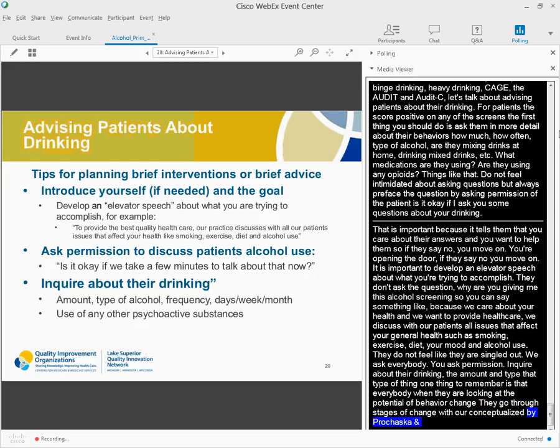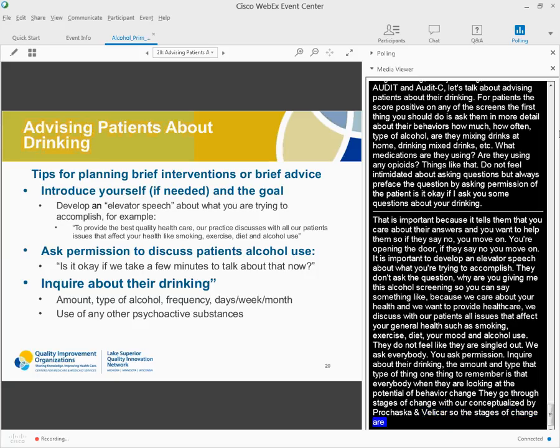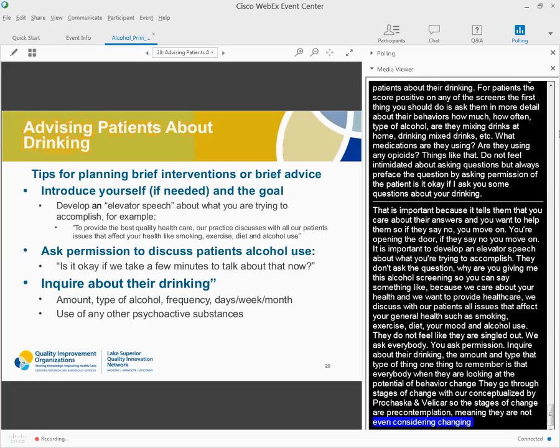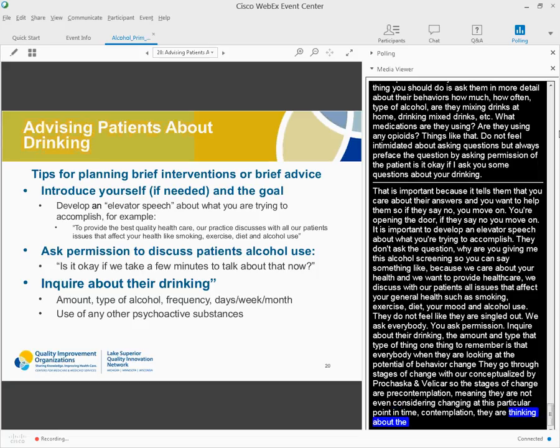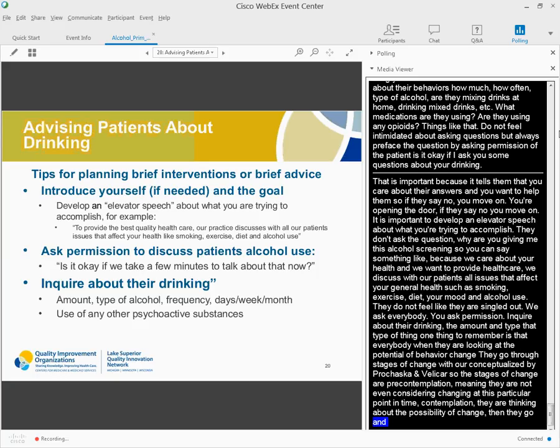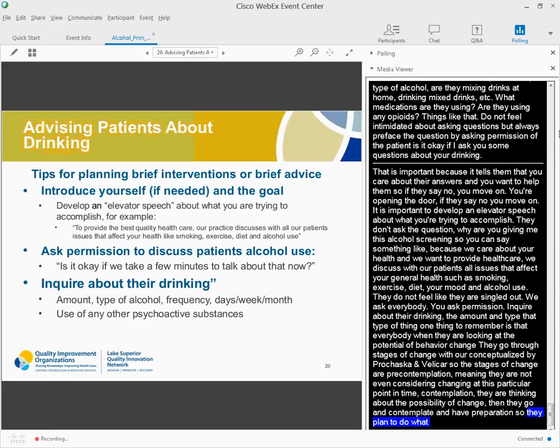The stages of change are pre-contemplation, meaning they're not even considering changing at this point in time. Contemplation, where they're thinking about it, mulling it over. Then preparation, where they plan to make a behavior change. The next stage is action, where they're actually participating in changing. And then there's maintenance and termination.